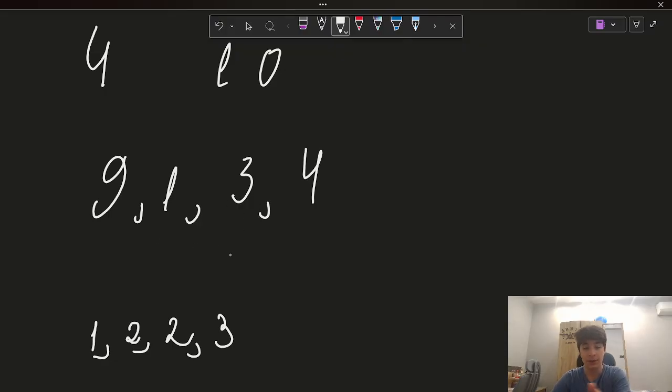9 plus 1 plus 3 is 13, and 13 is greater than 10, because of I couldn't take this. And but mainly I could think about sub array 1 and 3, and there I could take it and I could put 2.